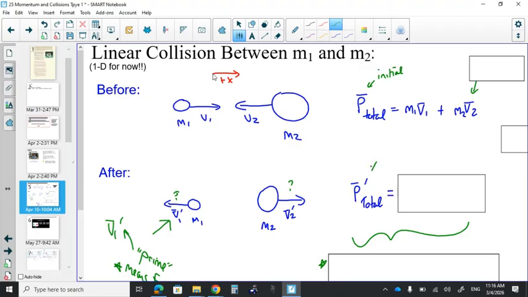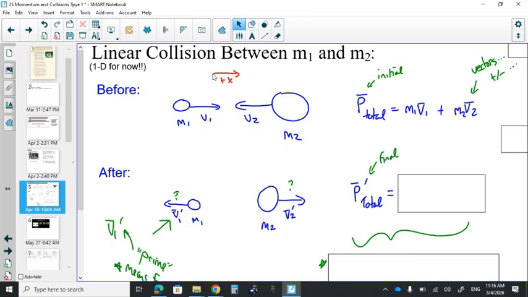And then this one down here is final. So mass 1 times its velocity, mass 2 times its velocity. And notice because of vectors here, this one would go in as a positive number, and this one would go in as a negative number, just because of the directions.